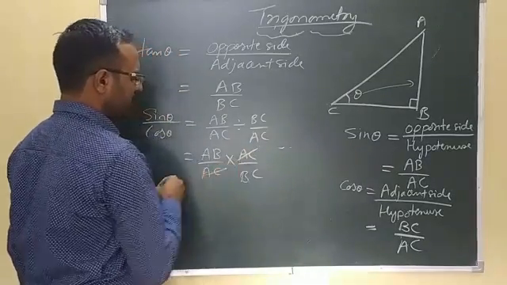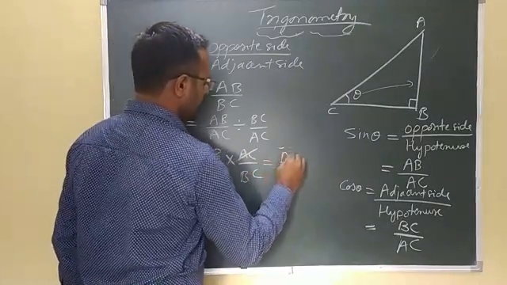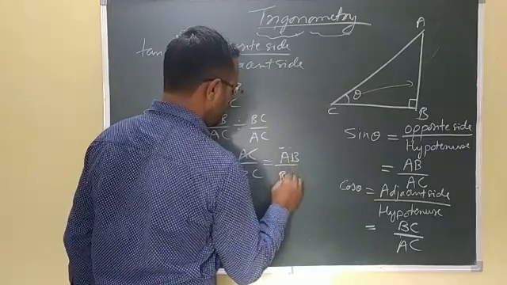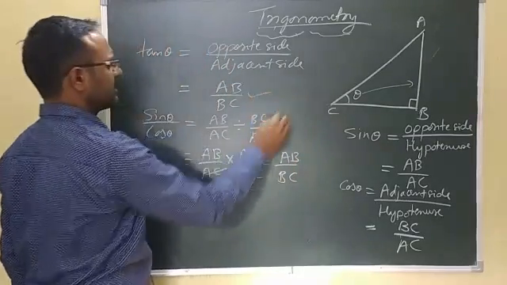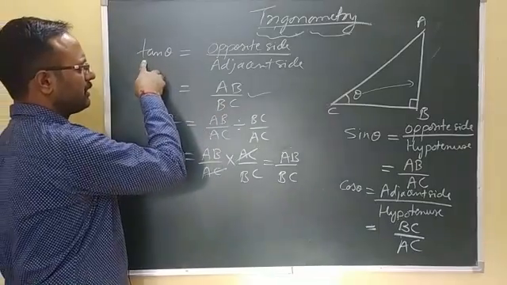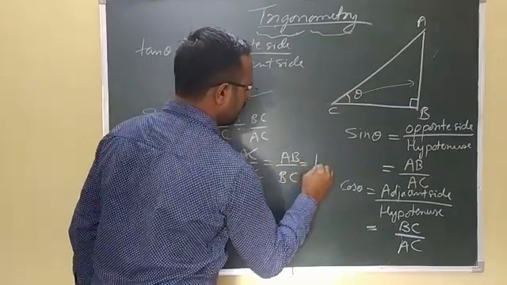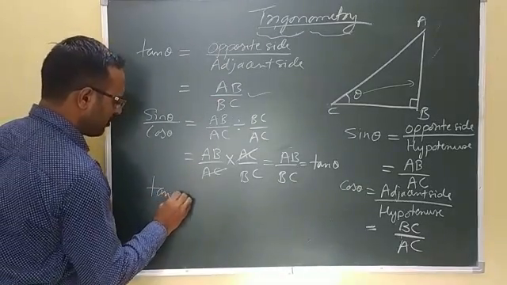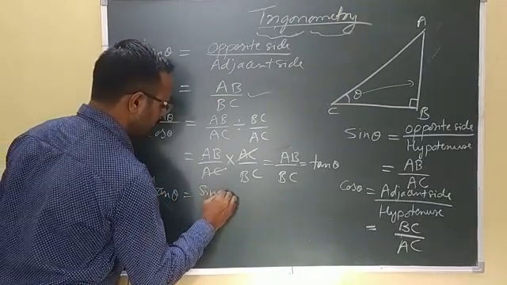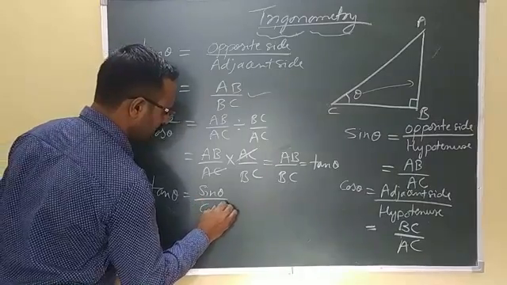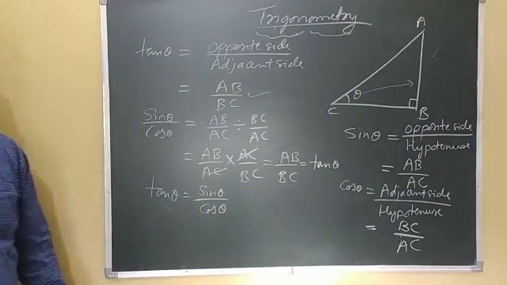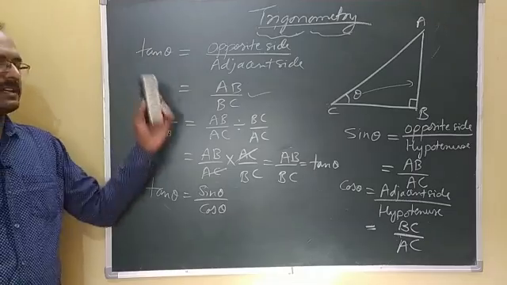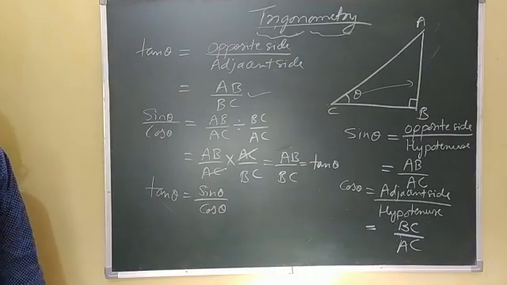If you solve this you will get AB upon BC. So this is the same result you have obtained here. So this is actually equal to tan theta. So we can say that tan theta is also equal to sin theta upon cos theta. So this is one of the relationships between sin theta, tan theta and cos theta.